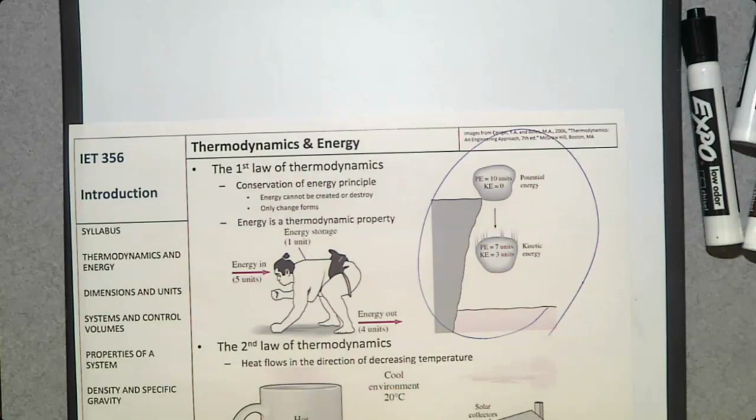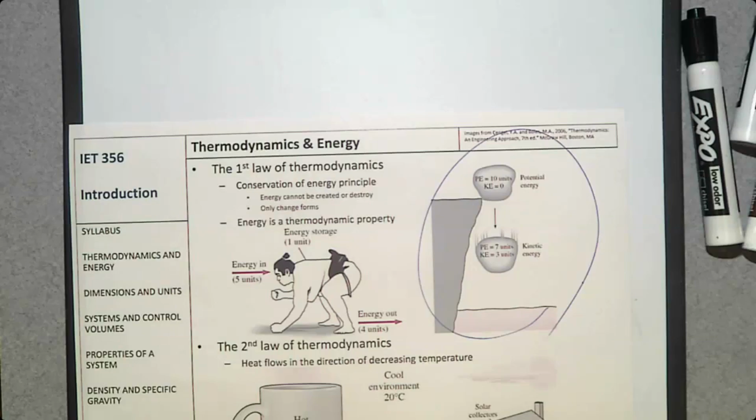So when the rock falls to the ground, the potential energy is going to be converted to kinetic energy. This PE is potential energy. KE is kinetic energy. Kinetic energy is the energy associated with velocity. The higher the velocity, the higher the kinetic energy. So when velocity goes up, kinetic energy goes up. So while the rock is coming down, the potential energy is converted to kinetic energy.